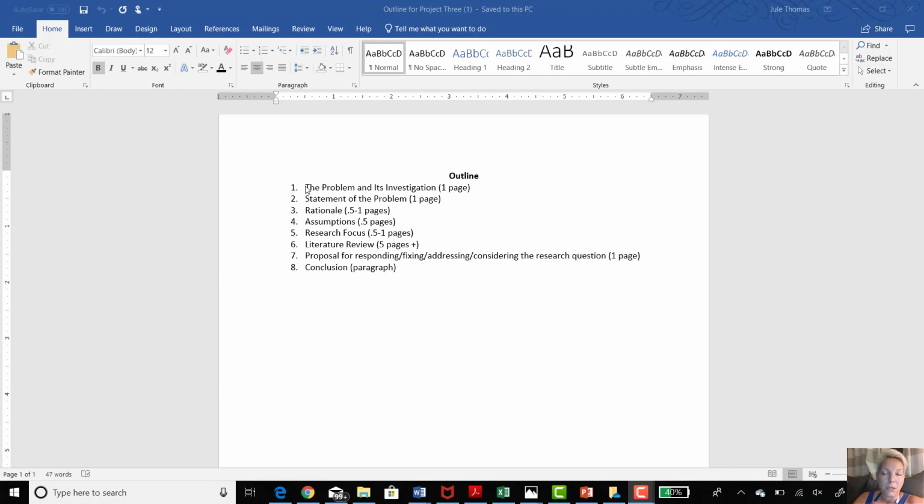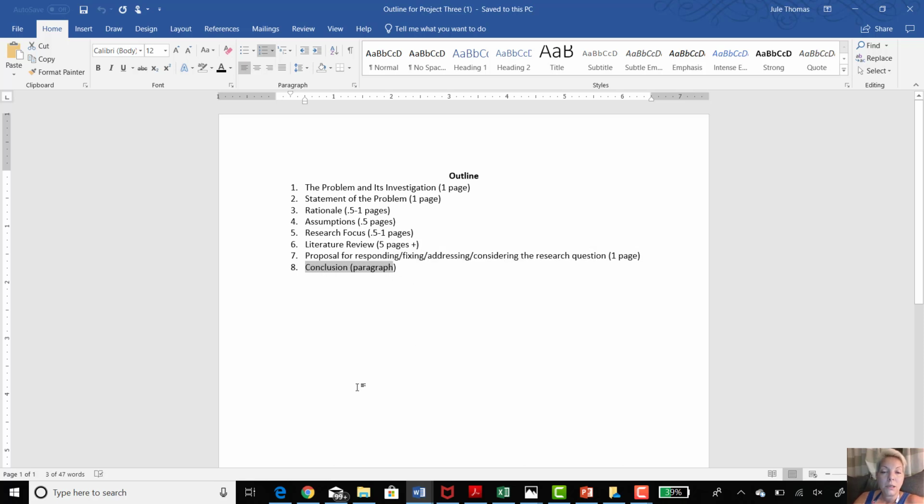It's going to have the introduction that has the problem and its investigation, the statement of the problem, the rationale, assumptions, the research focus, then the literature review, some type of suggestion for how one might fix or propose to fix the problem that has been presented with your research question and topic, and then your conclusion, which wraps everything up.